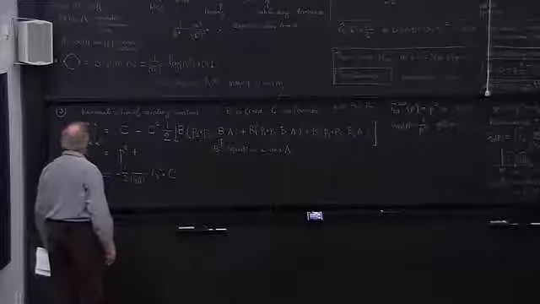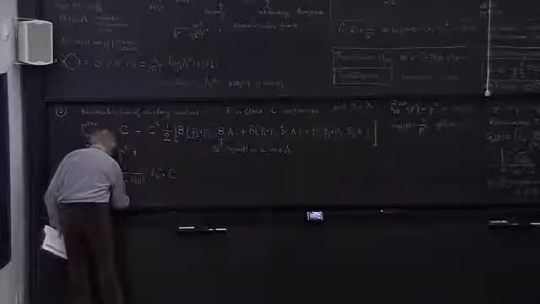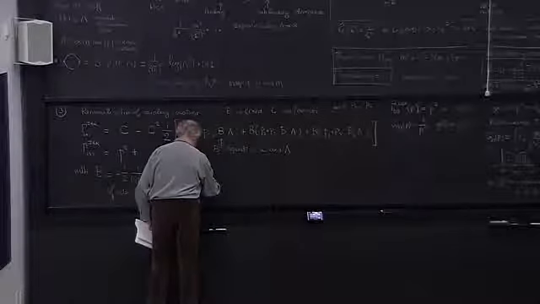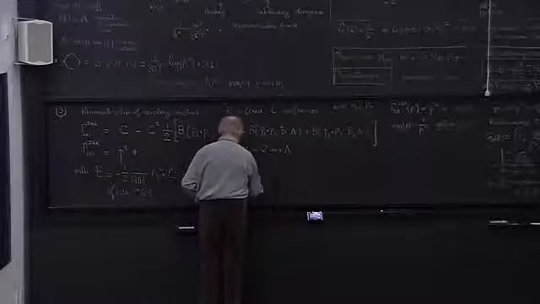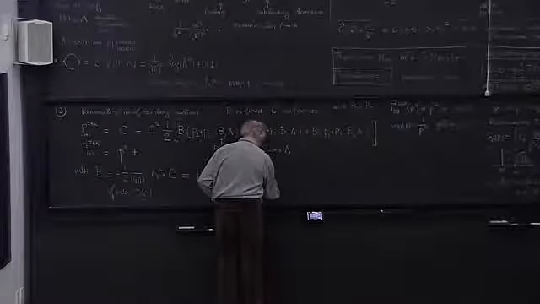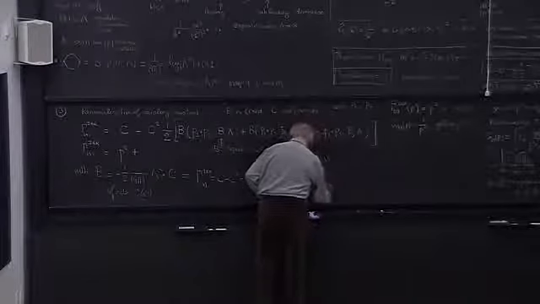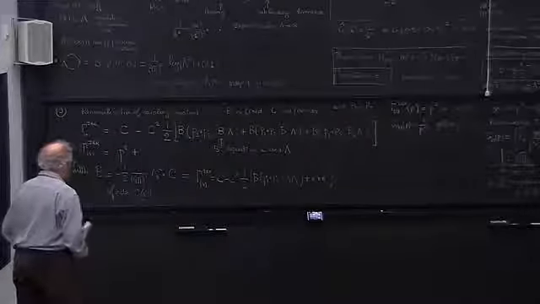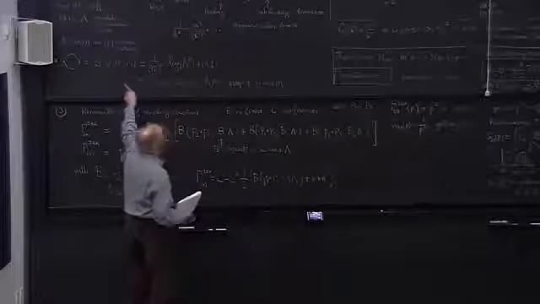Okay, so I can rewrite the 4-point function: B is of order C. So I can replace the irreducible 4-point function by C minus C squared times 1/2 B of P1 plus P2, 0, lambda, plus the two other terms that are obtained by permuting the momenta.